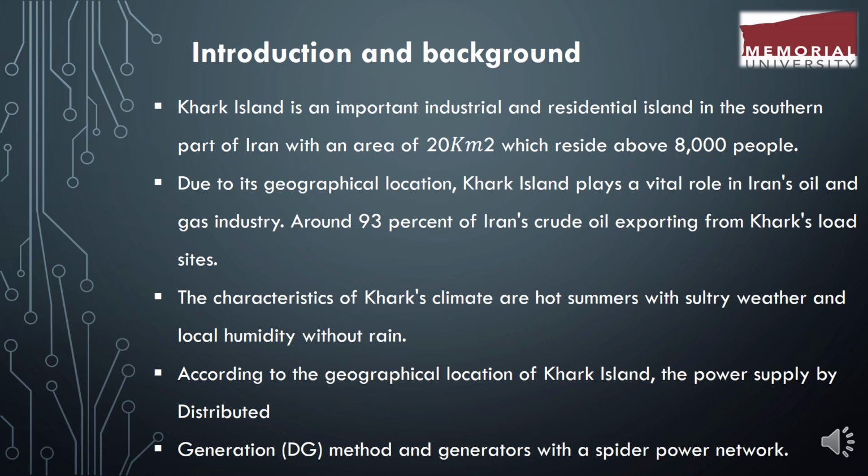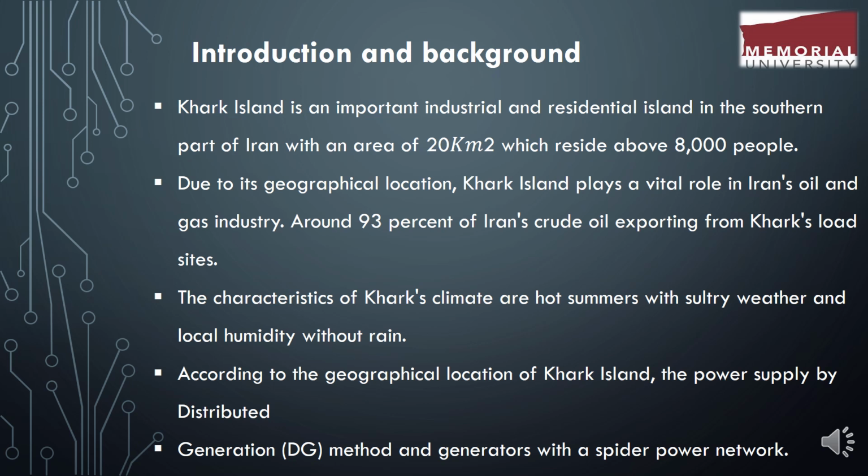Generators provide residential, public, and commercial consumers with a spider power network. And the second part is about the oil and gas industry, where each company supplies its electricity privately.